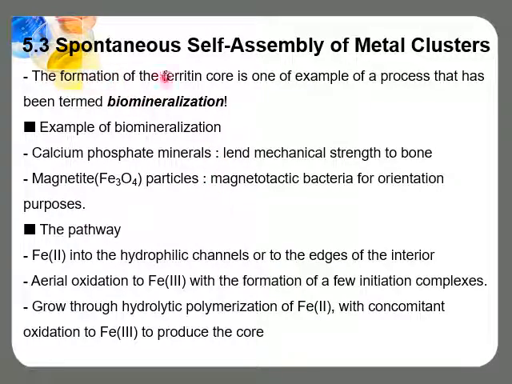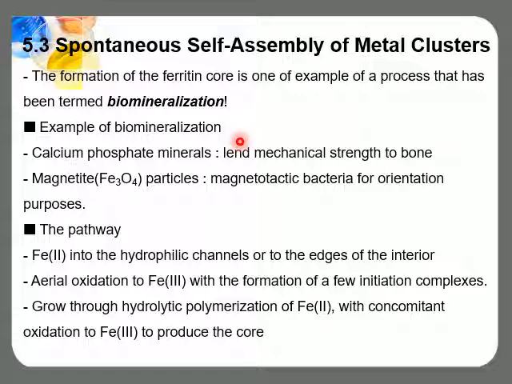The formation of the ferritin core, the iron oxide, is one example of biomineralization. The most well-known biomineralization is the formation of sea shells or pearls in the shells. The sea shells are calcium carbonate minerals, and these are produced inside the biology, so it's called biomineralization.